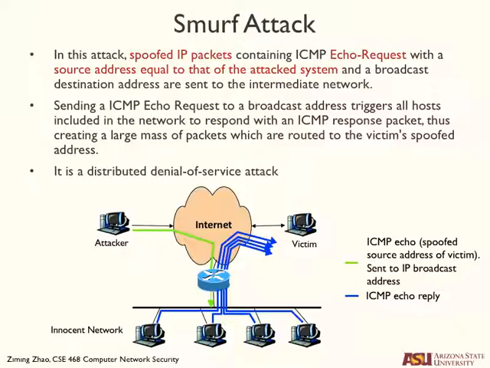This attack was discovered also back in, I think, the 1990s, or early 2000s. So it might be a very early distributed denial of service attack, because we have many hosts participating in this attack.